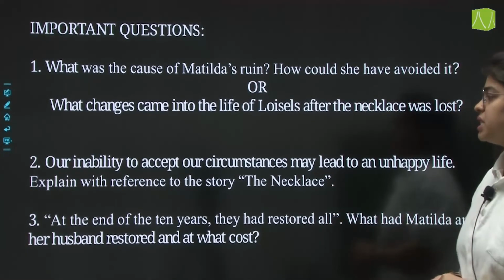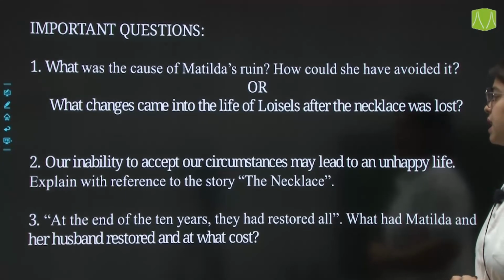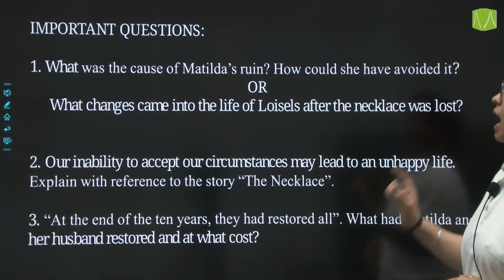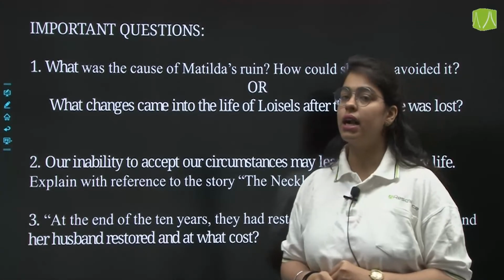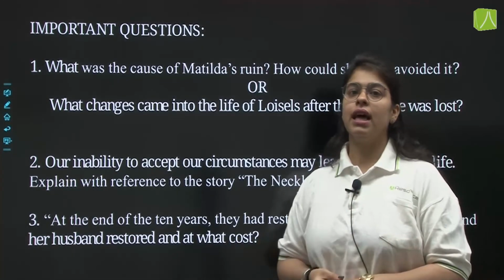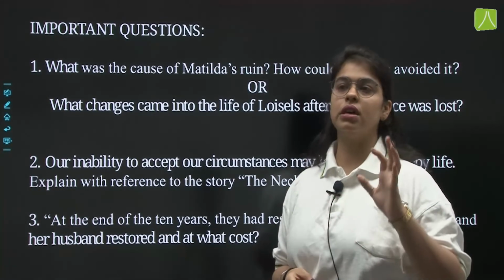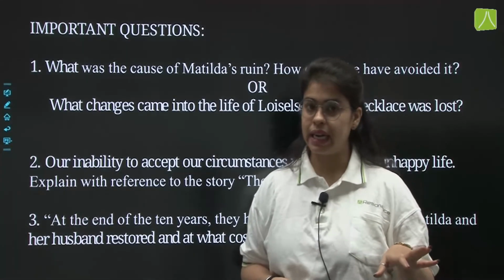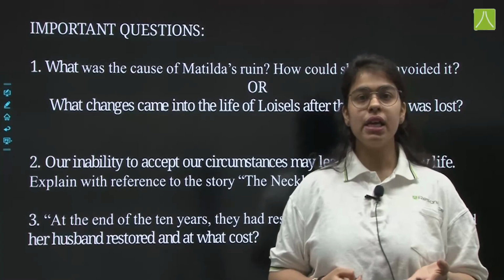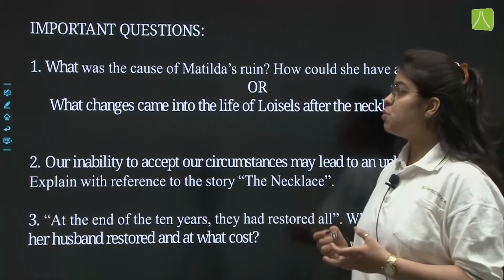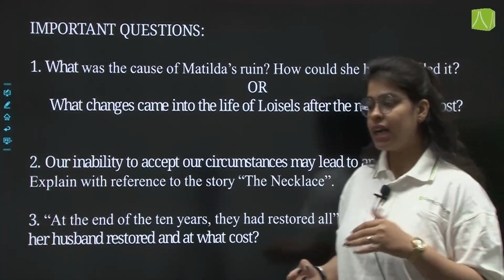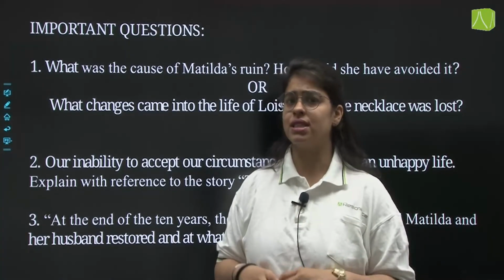Then the last question says, at the end of the 10 years, they had restored all. Now what had Matilda and her husband restored, and at what cost? Here you will explain everything: that initially she was an unhappy lady, she could not see others happy, she was much more of a greedy person, and she was not happy with the life she was living.